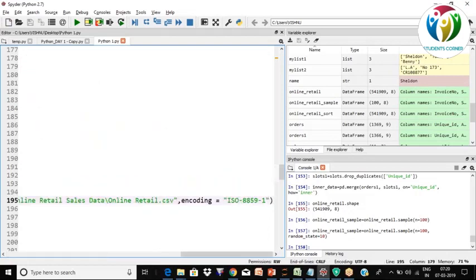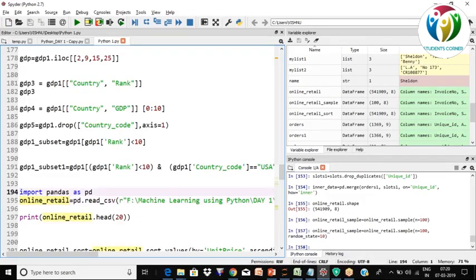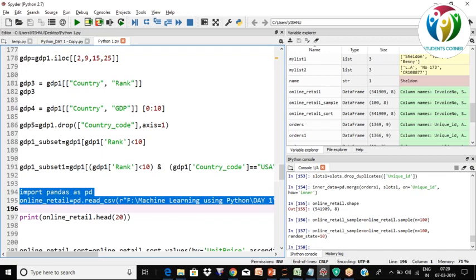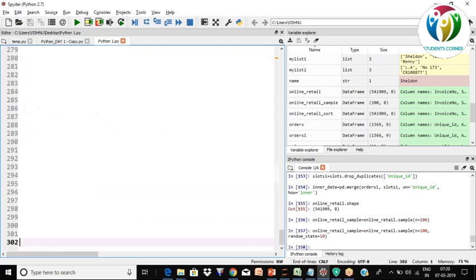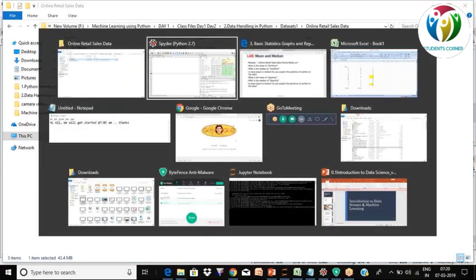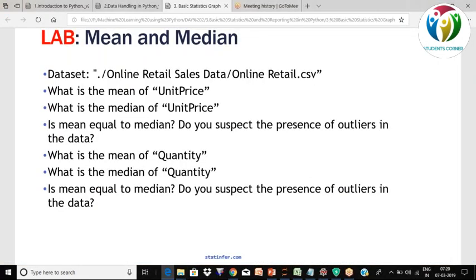If you have closed your Python session, try to open the code, and if you've saved it, just run this online retail. Once you have it, you should have 541909 rows and 8 columns. Then try out the mean and median and let me know what you are getting. Can you all try this out?